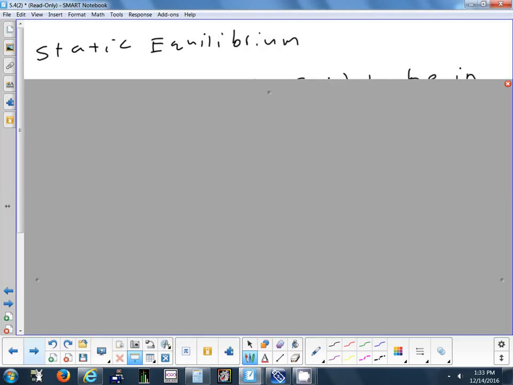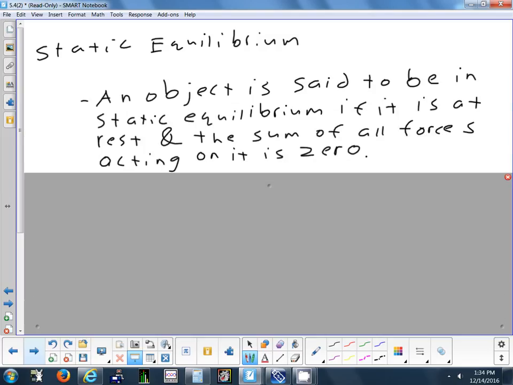Any object sitting on any surface, it's not moving because the force of gravity pulling it down and the force of the desk pushing up are the same. That's why it's not moving. If you ever have a force that's unbalanced, then things move. So we're going to look at static equilibrium from the perspective of 2D. We're not going to do 3D. We're going to look at it in terms of 2D.